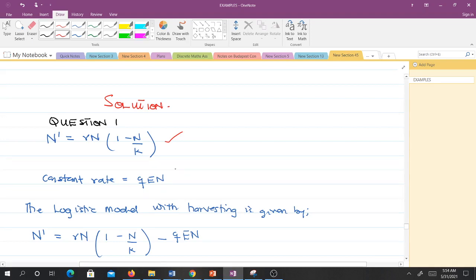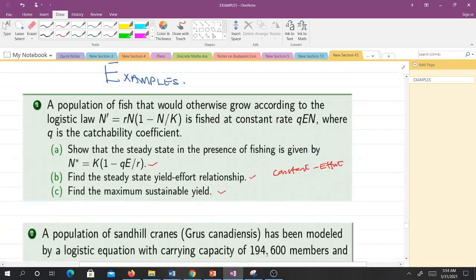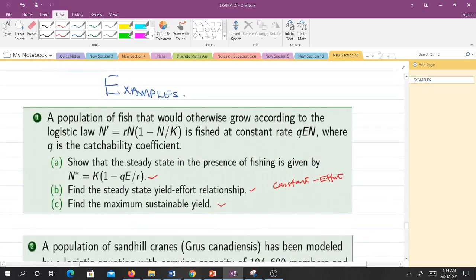So when we introduce the harvesting into the logistic model, we are going to have rN times 1 minus N over K, minus QEN, where this is the harvesting term that we added to it. Okay, so the first question says that we should show that the steady state in the presence of the fishing is given by this equation here.